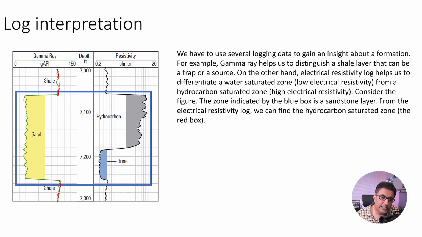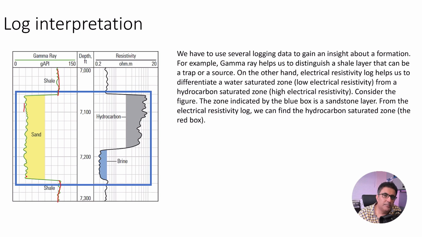And then here we see a zone with low gamma ray. If we have some prior information from geology, we may identify it as a permeable layer, and based on our geological data or litho-density data, we may say that this is a sandstone formation. So as you see now, using a gamma ray tool, we have been able to identify shale layers and also a sandstone layer.